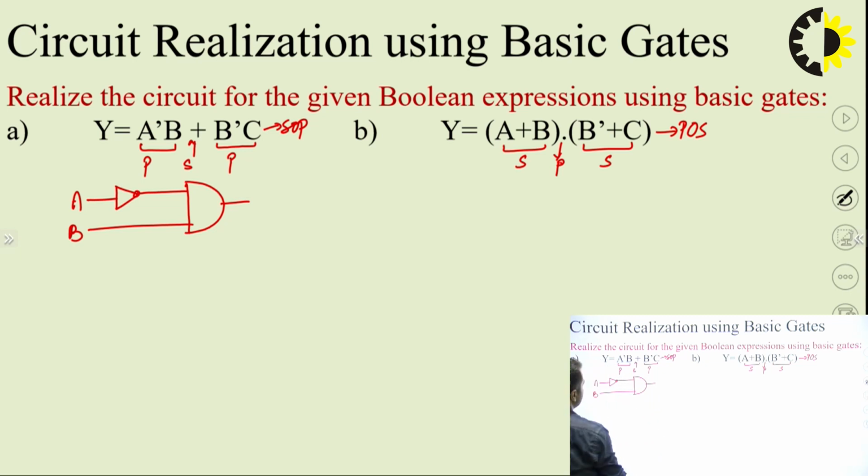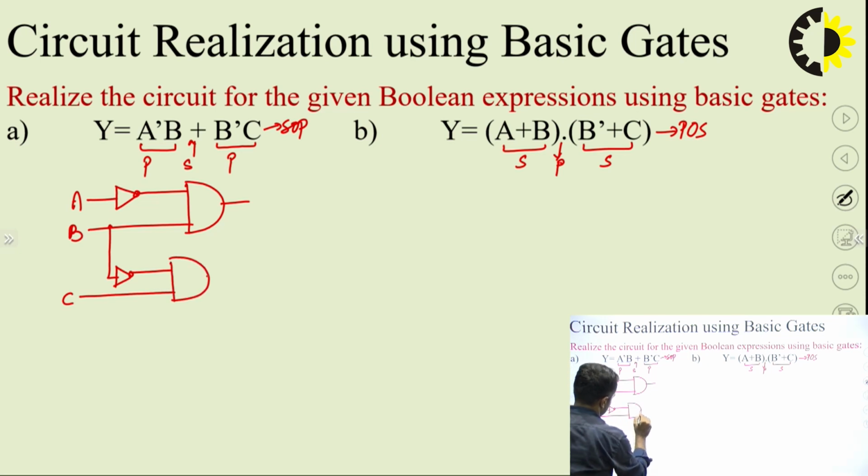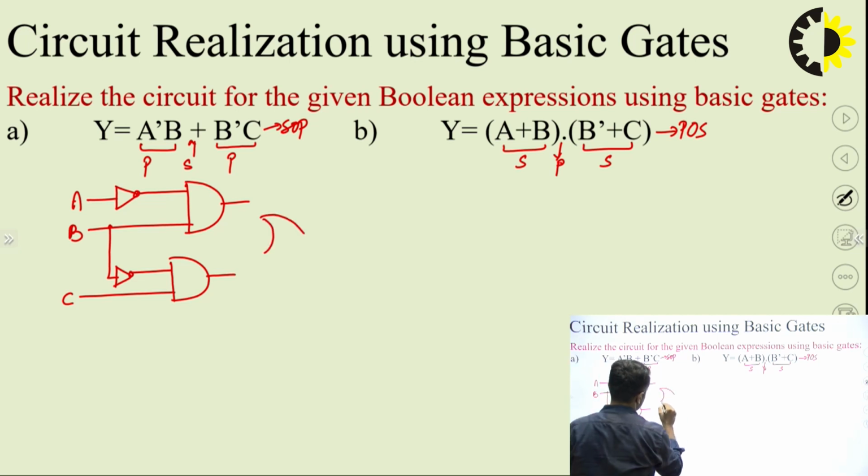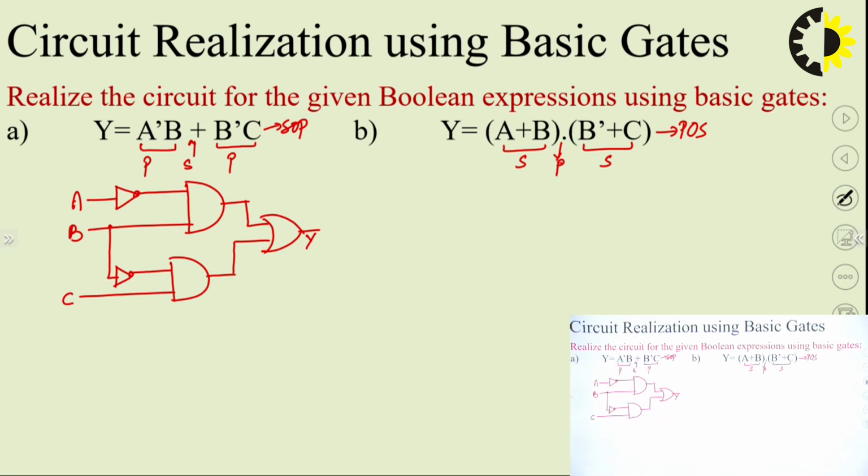Then B bar: its inverted version will be computed from B, and then there is C. These are the two products, and both these products will be added together using an OR gate. So this is the circuit realization for a simple SOP expression.